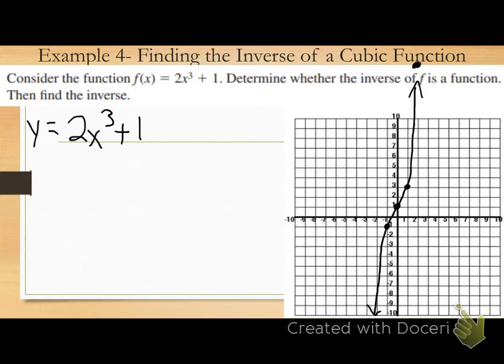What do I need to do to find my inverse? Switch x and y. X equals 2y cubed plus 1. And now I'm solving for y. What's my first step to get y by itself? Subtract 1 from both sides.